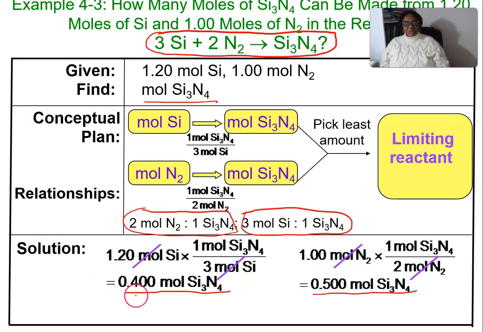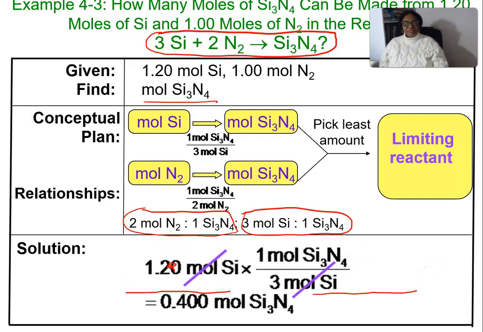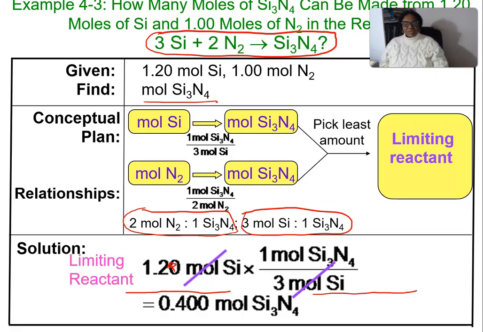From this, you will notice that the silicon is giving us the least amount of the product. So silicon is the limiting reagent.